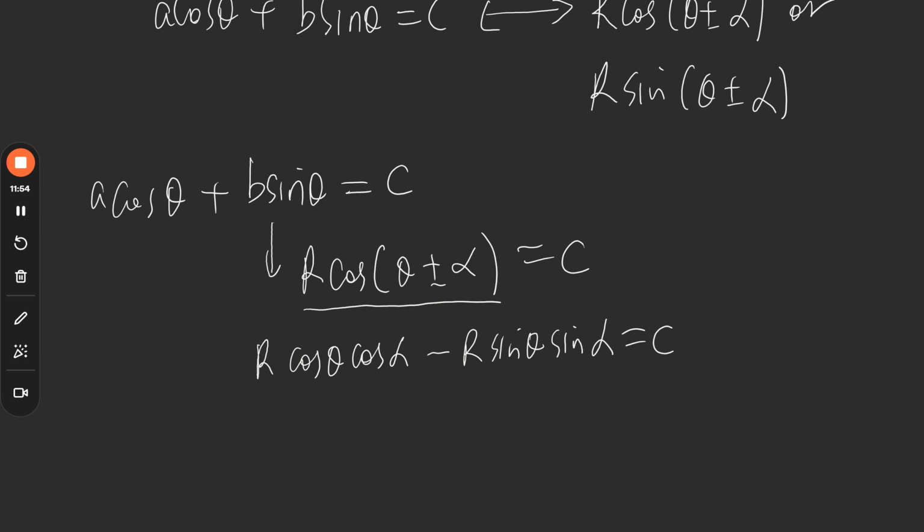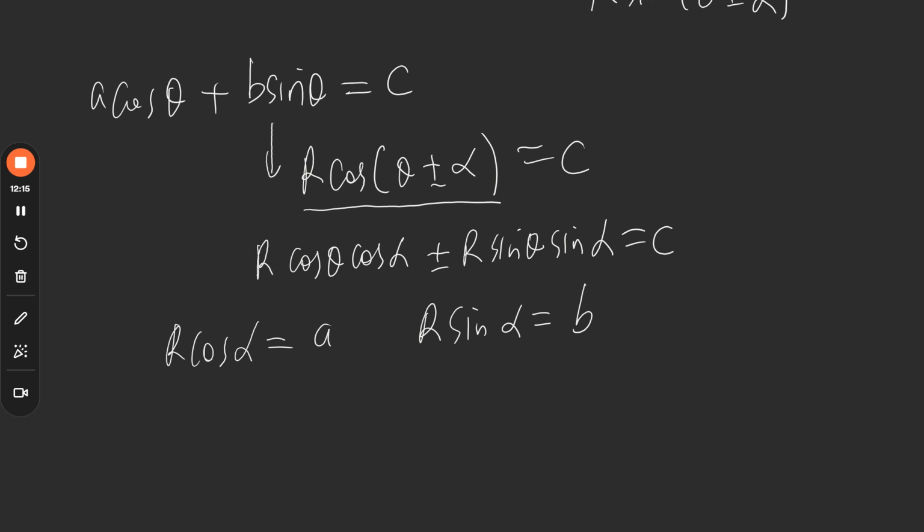I prefer to maintain plus or minus as well, so that now we'll be comparing: r cosine alpha is going to be equal to a, and r sine alpha is equal to b.